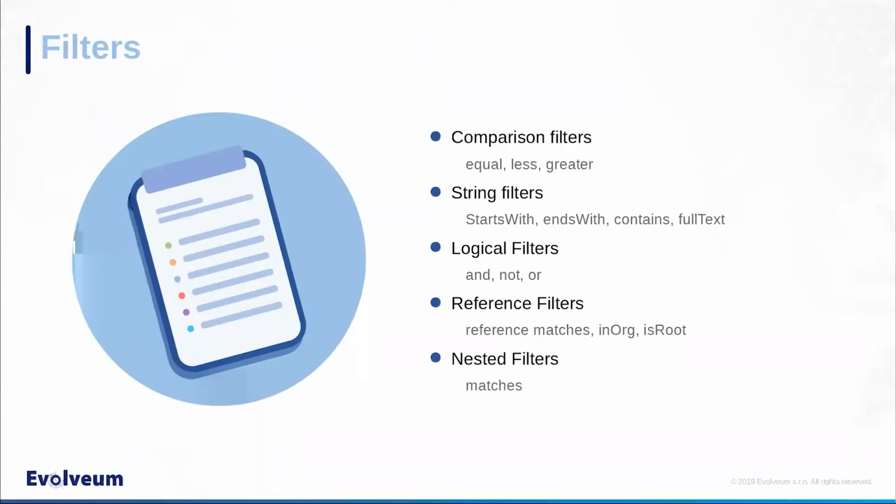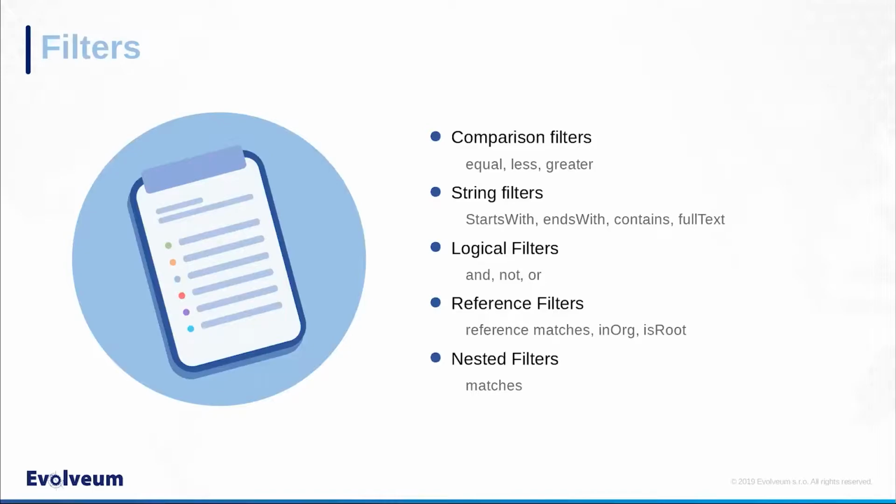The filters in the Axiom query could be categorized into 5 sections. One set of filters are the comparison filters. These are usually equals, less, greater. Then we have a set of string filters. These are starts with, ends with, contains, and full text search. The next part are logical filters.